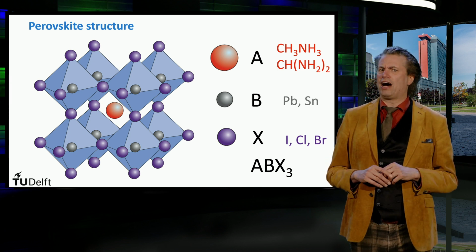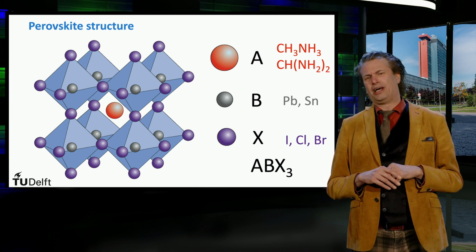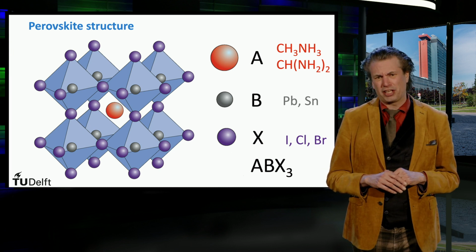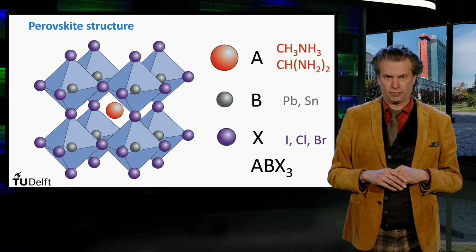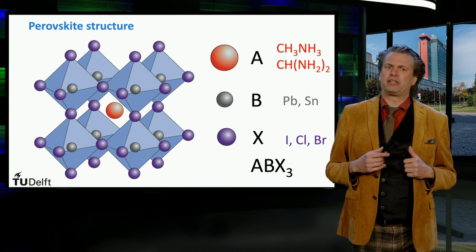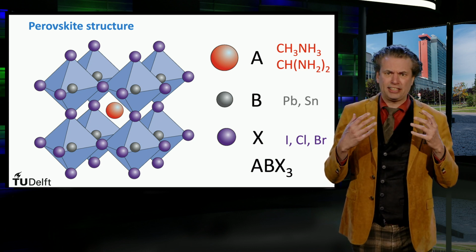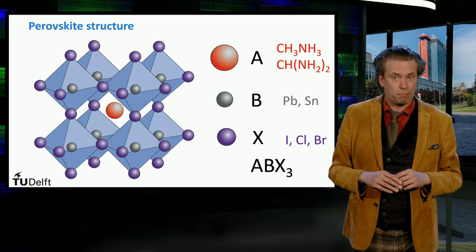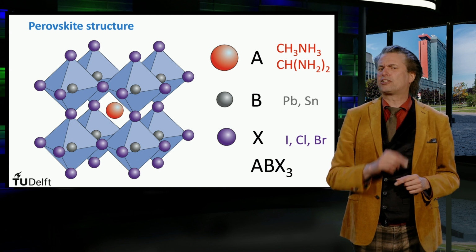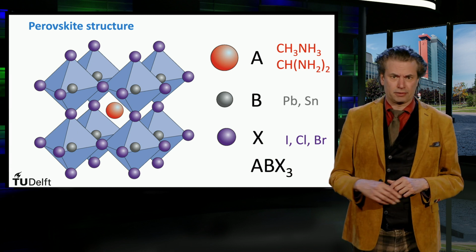Often mixtures of halide materials are used. The cation B usually contains lead, while tin can also be used. The halide perovskite materials have received extensive attention in PV research due to their promising physical properties. Let's discuss some of these properties.